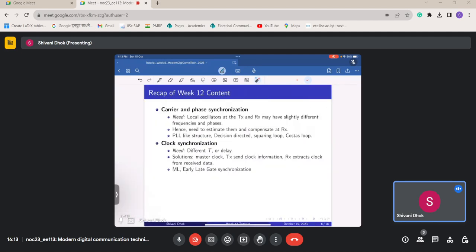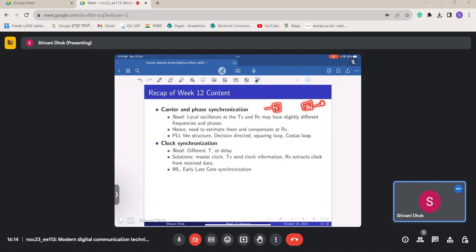After looking at these basic concepts, we went on to see the carrier and phase synchronization aspects. So the basic need for this carrier and phase synchronization is, at the transmitter you have a clock, then at the receiver also you have another clock, because you want to do your demodulation operation.